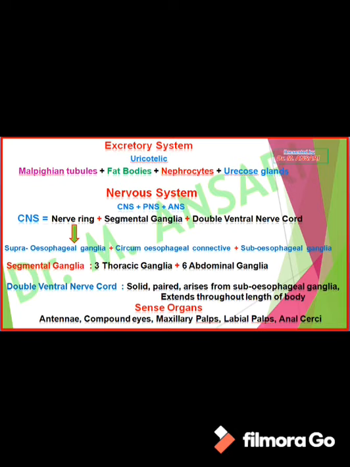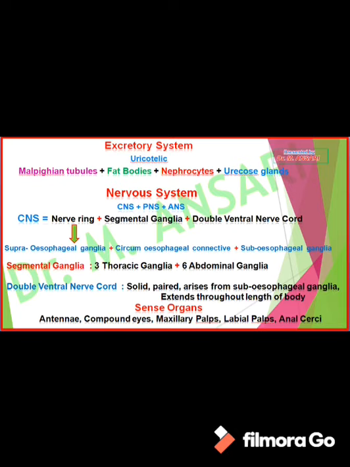Malpighian tubules, as I explained earlier, are present between the midgut and hindgut. They collect nitrogenous waste from the surrounding hemolymph and convert it into uric acid, which is poured into the ileum, mixed with undigested food material and given out of the body through the anus. Malpighian tubule is the main structure of the excretory system.